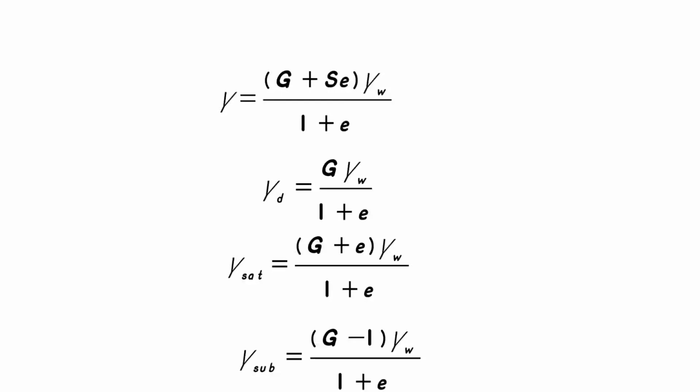Alright. Now when it is fully saturated, when S is equal to 1, you can rewrite the first equation as G plus e divided by 1 plus e, the whole into gamma W. Again you have the gamma submerged as gamma saturated minus gamma W. So when you are substituting it in the equations, you will be getting G minus 1 divided by 1 plus e, the whole into gamma W.